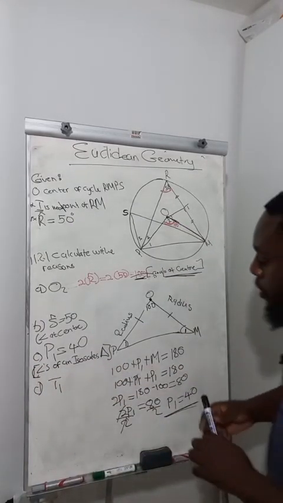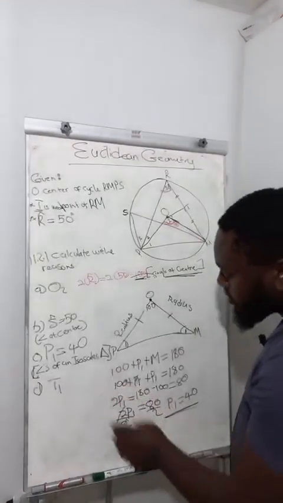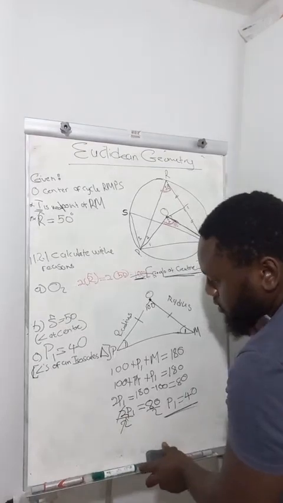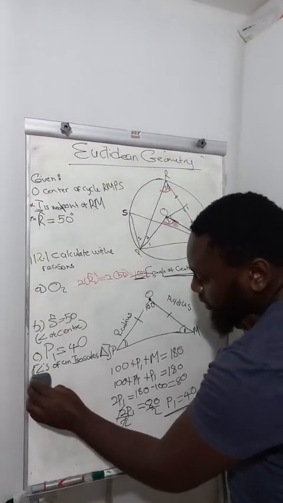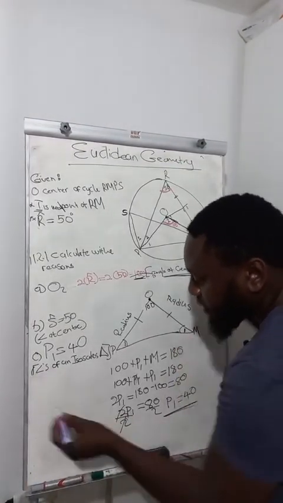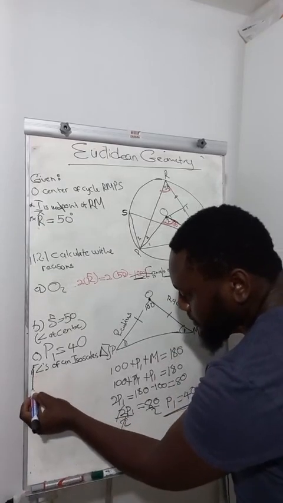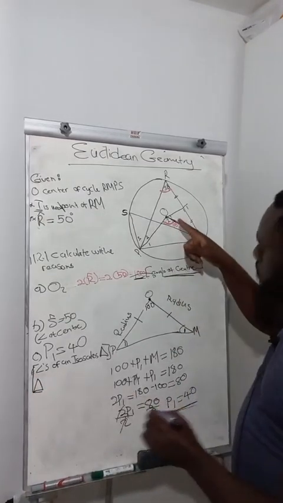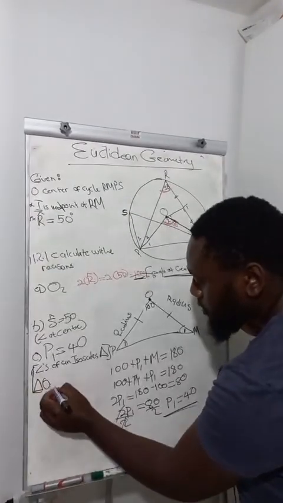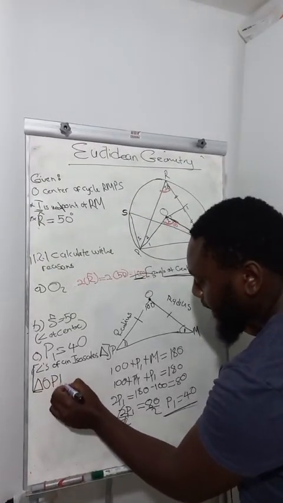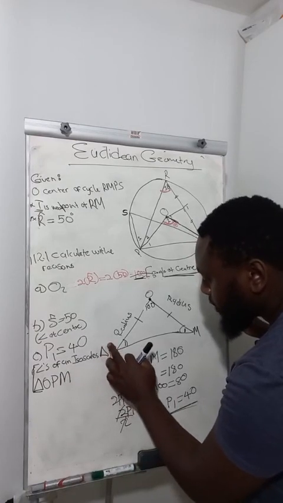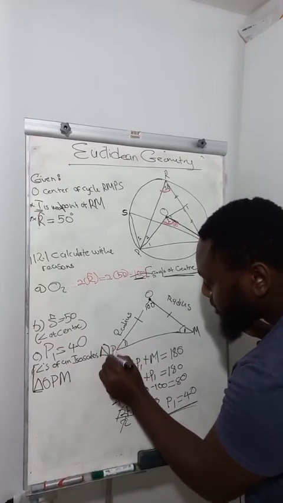Now, when you talk about a triangle, you also have to name it. The triangle which we are referring to is triangle OPM.